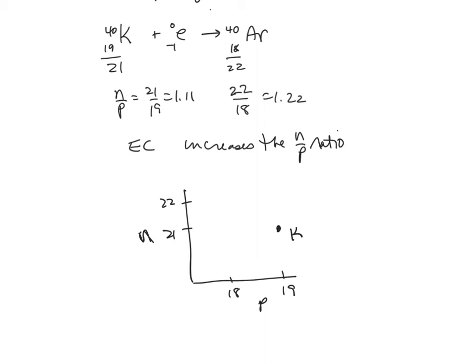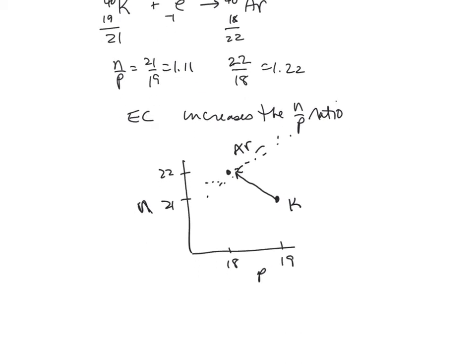The argon is 18 and 22. And so the transformation to argon involves a shift up and over to the left. And if you try to find that on the valley of stability, argon you would see would be closer to, or actually on, the valley of stability than potassium. So that would be the motivation for the process.